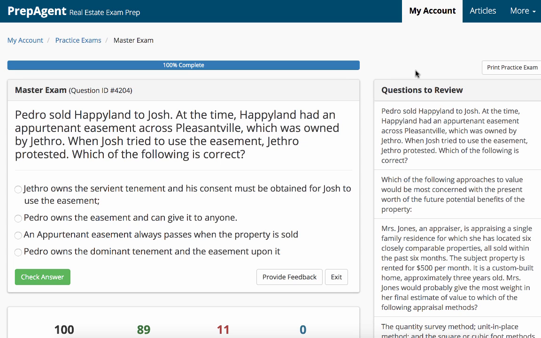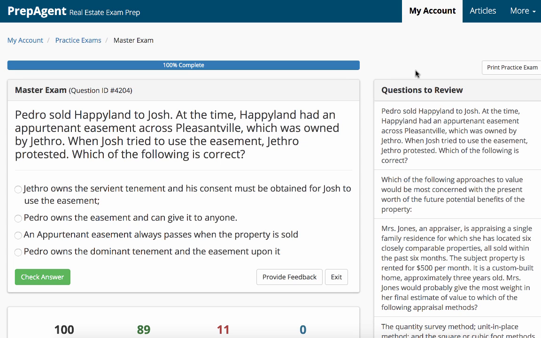I guess that's because the easement was already there. Right. So Pedro sold Happyland to Josh. Okay. Happyland has an easement across it.